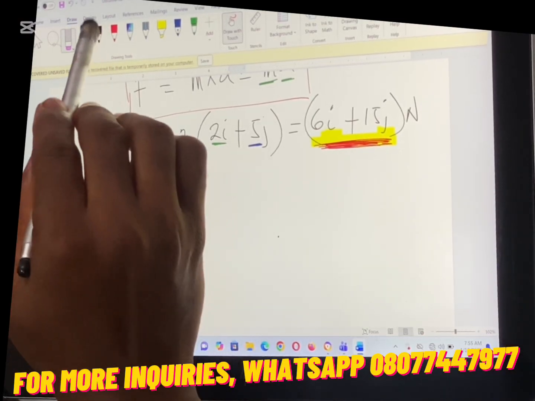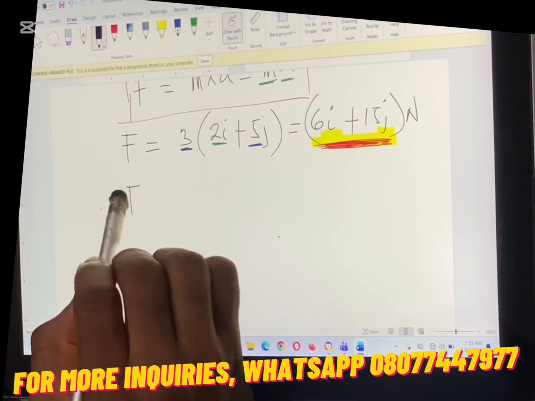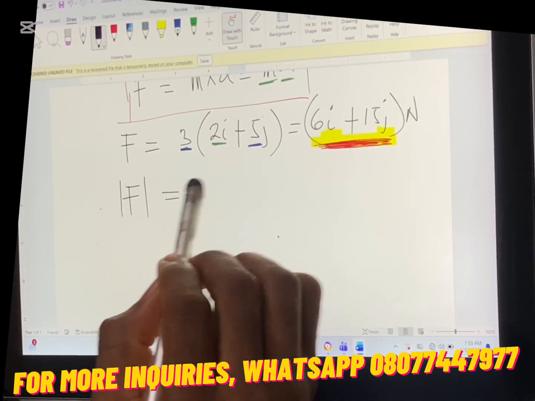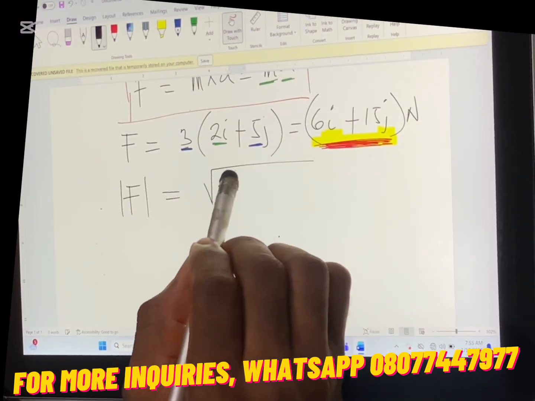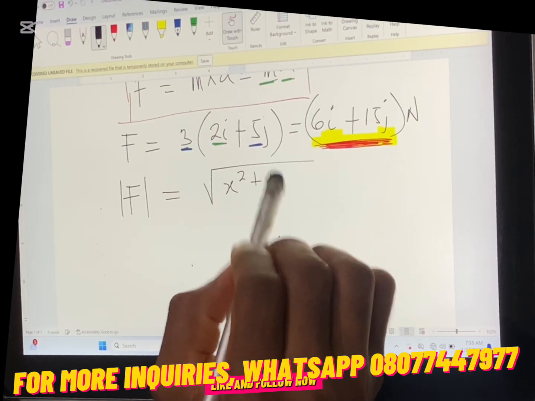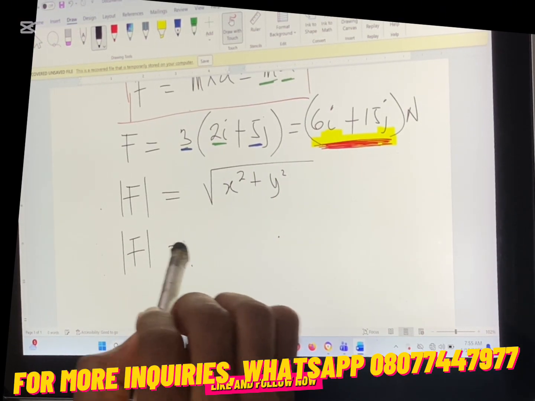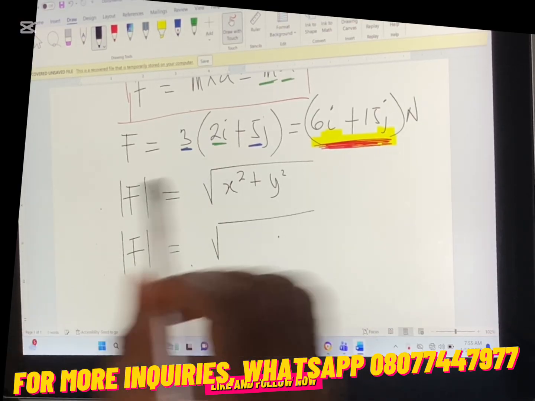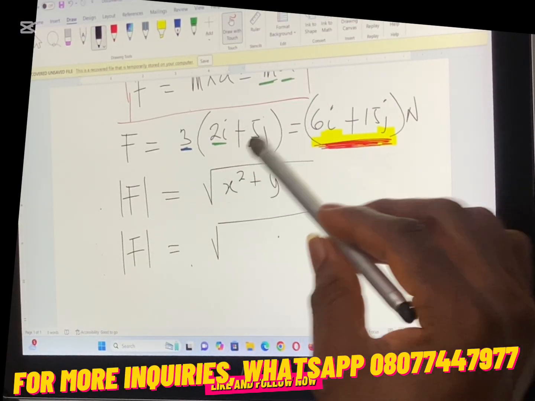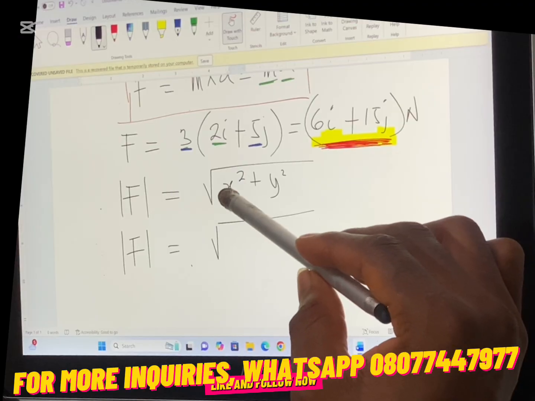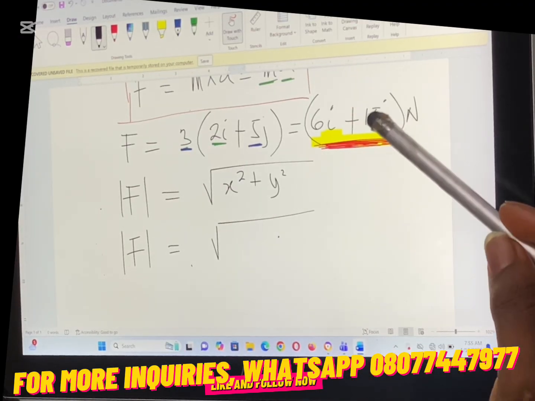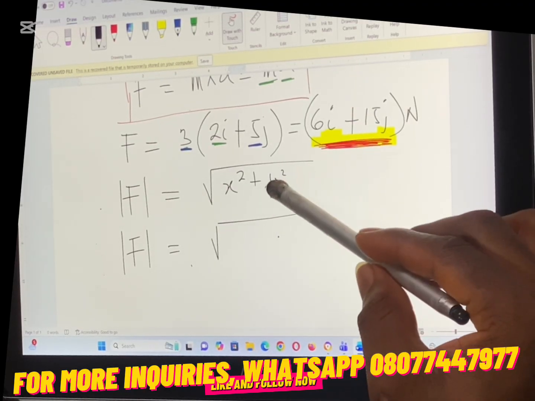Okay, so now let's calculate the magnitude of this force here. That is, this will be equal to plus square root of s squared plus y squared. So F magnitude will be equal to square root of, okay, now let's take the s. Remember, i is the same thing as s, j is the same thing as y.